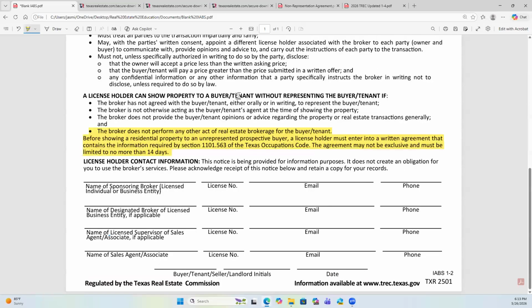It says that the broker does not perform any other act of real estate brokerage for the buyer tenant before showing a residential property to an unrepresented prospective buyer. A license holder must enter into a written agreement that contains the information required by section 1101.563 of the Texas Occupations Code. And that agreement may not be exclusive and must be limited to no more than 14 days.